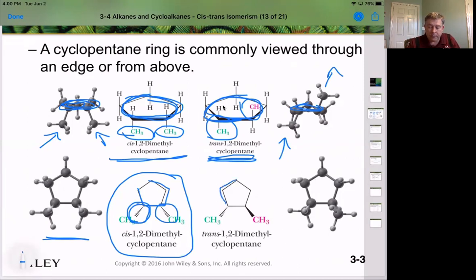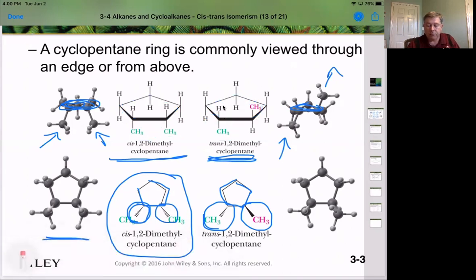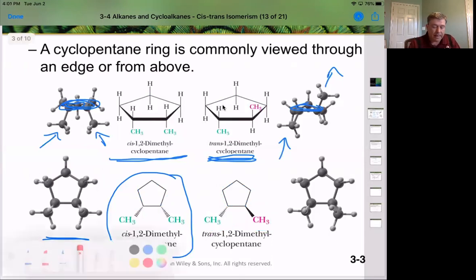We can do that same skeletal formation where we have our ring here, but if one is dashed, that means it's going down. If we have a solid wedge coming up, that indicates it's coming up at us from the paper, and so they're on opposite sides of that ring, giving us the trans configuration. So instead of having to draw out our system like this, where we have to draw the perspective of where the hydrogens and methyl groups are, we can draw it using these wedge systems and the flat ring.